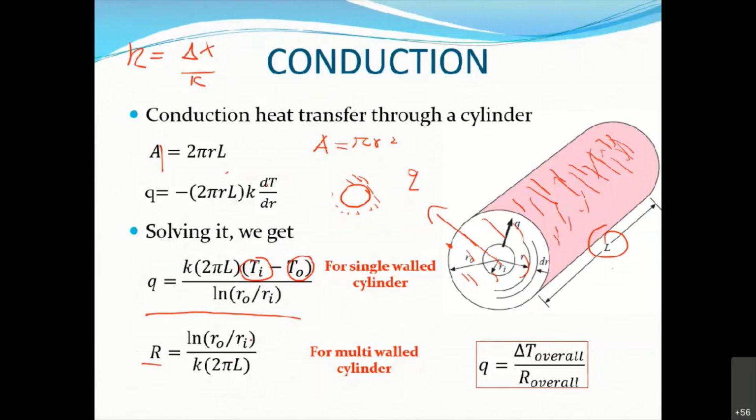So for a cylinder, the R value is equal to ln(Ro over Ri) over k 2 pi L. So this is the difference. Everything else will be the same.